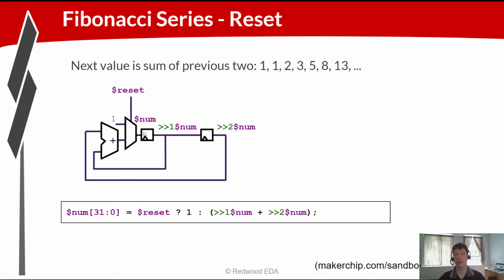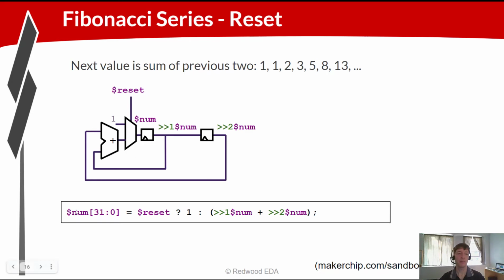Now, if we were doing this in RTL, we would explicitly have a flip-flop, this flip-flop, this flip-flop. We would explicitly have signal declarations, not only for num, but also for the previous version of num and the previous version of num. In TL-Verilog, we need none of those things.